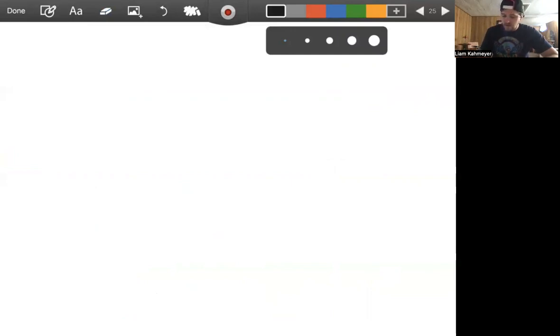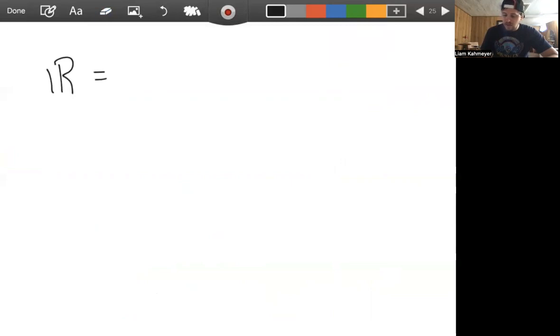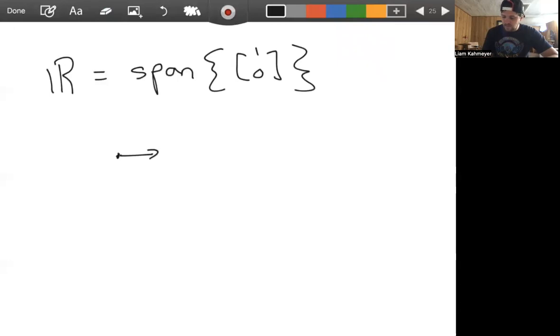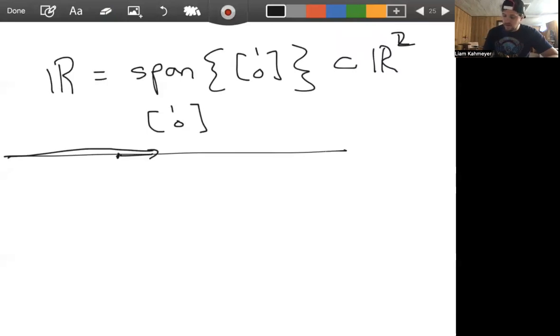Like when you say a basis of R is the span of the vector 1, 0, that means you're just looking at the vector 1, 0 and all multiples of it. Say you're trying to construct R inside of R2, which is why I have a second vector here. So say you're in the XY plane, you can construct the whole real numbers, like the x-axis here, just from the vector 1, 0.